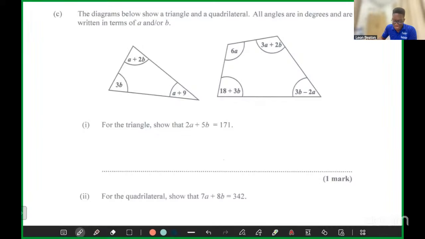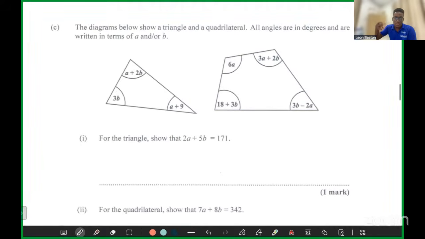So to show this, what do we do? As I told you, when you have to show these questions, you have to think about the information that you're given. So first of all, we see that we're dealing with angles and it's a triangle. So our mind should immediately go to angles in a triangle. The sum of angles in a triangle is 180 degrees.